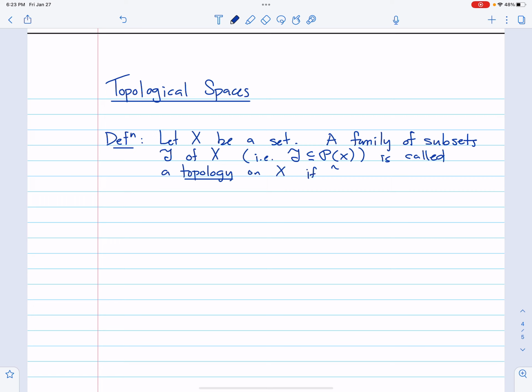if T satisfies the following axioms. Okay, so the first axiom is we want the whole space and we want the empty set both to be in this set T. Okay.